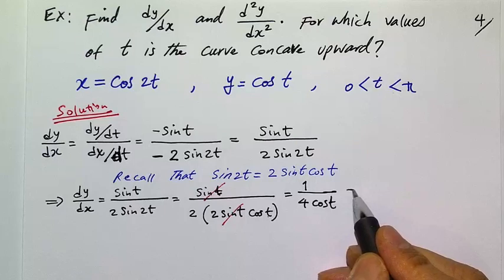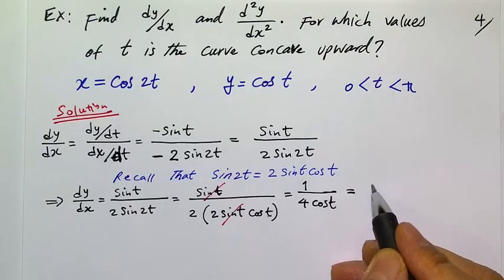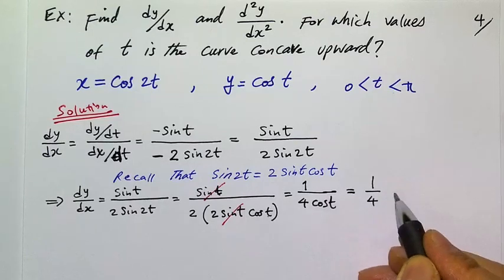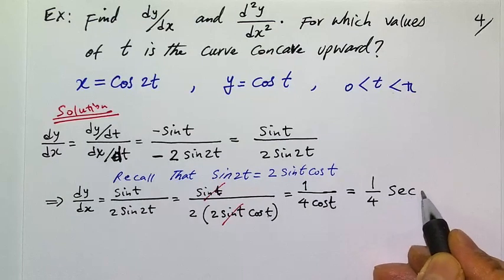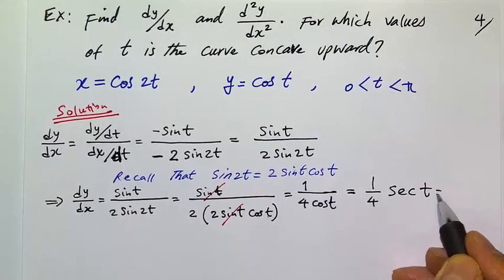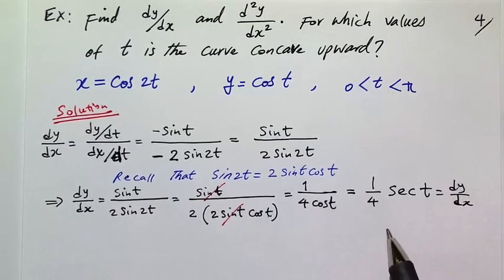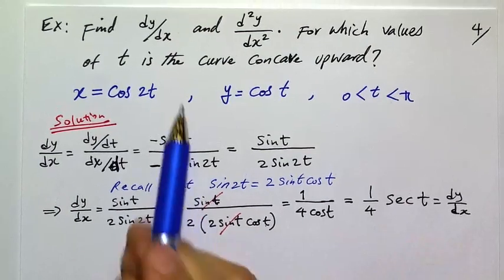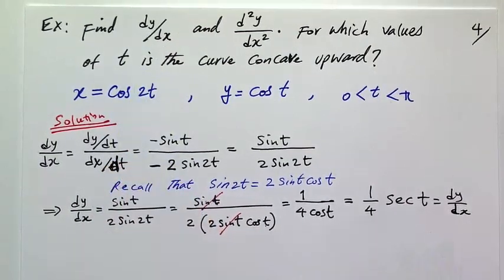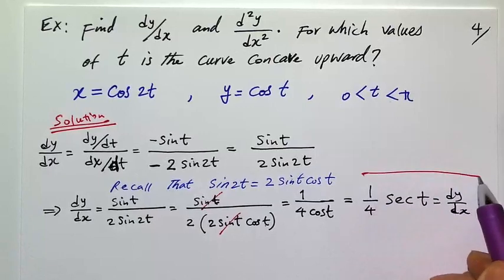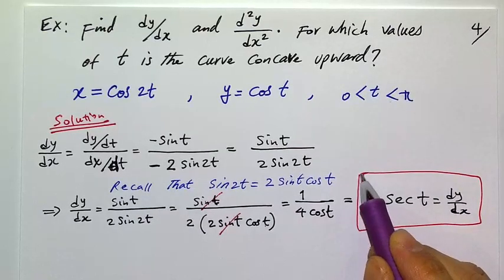So we can also rewrite this as 1 over 4 times secant of t. And this is the dy dx. This is the expression for the slope. Okay, so they wanted us to find dy dx. This is it. So we've answered part of this question.